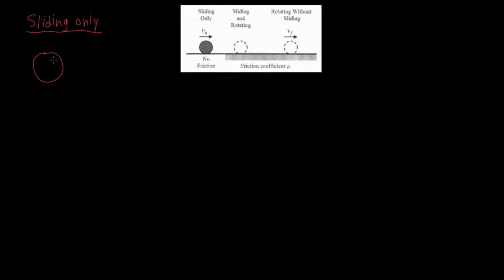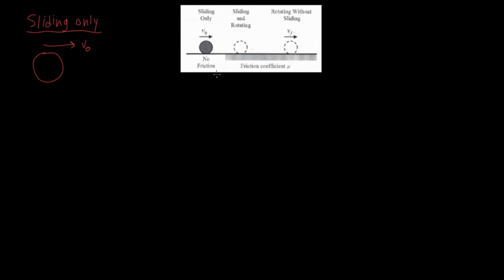So if the object is sliding only, what that means is that since there's no friction present, there can be no force to produce a torque about the object's axis of rotation, and so the object will not be able to rotate.